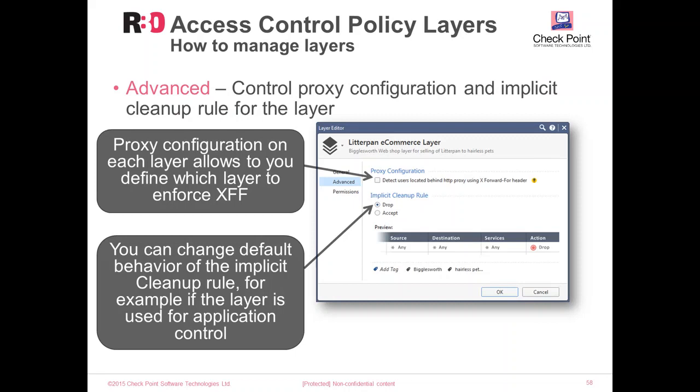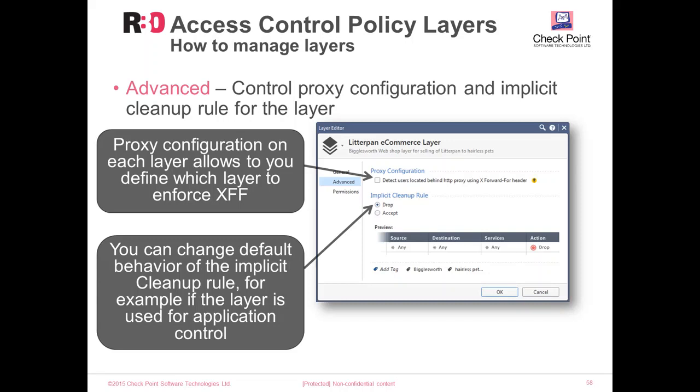Under the advanced section, I have the possibility to control the proxy configuration and the implicit cleanup rule for the layer. The proxy configuration applies to application control, URL filtering, and identity awareness. So proxy configuration on each layer allows us to define on which layer you want to enforce the X-Forwarded-For field.